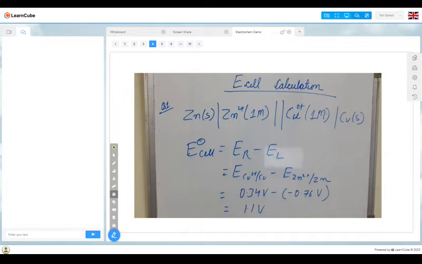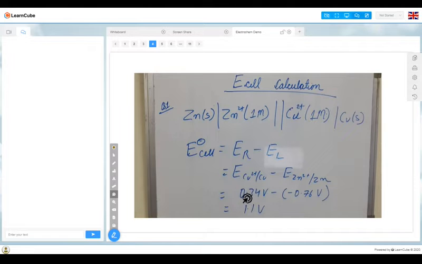This is a representation of a cell, and since zinc and copper ions are used, this is a Daniel cell. The left part is my anode, the right part is my cathode where reduction takes place. So E naught of the cell is E naught of right minus E naught of left.